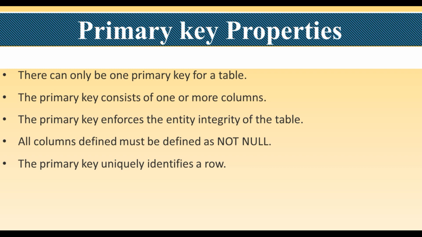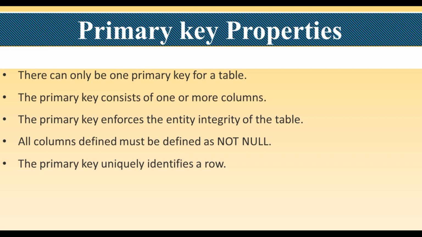Fourth point, all columns defined as primary key must be defined as not null. Whatever the primary key column, the particular cell data should be defined not null. For example, in a form you can't enter the roll number as 0. In your class, consider a student table I have created.